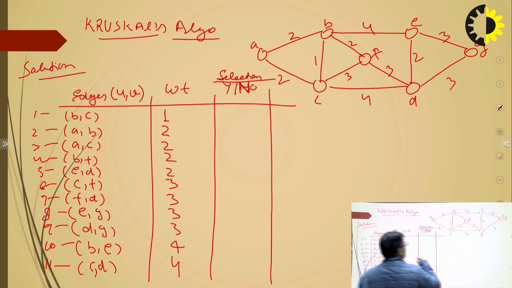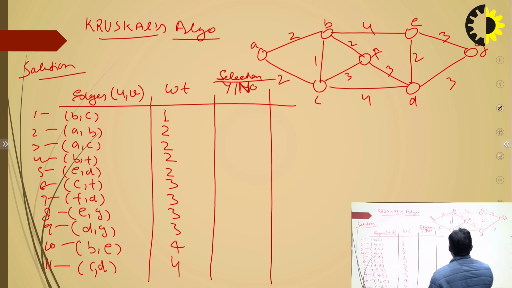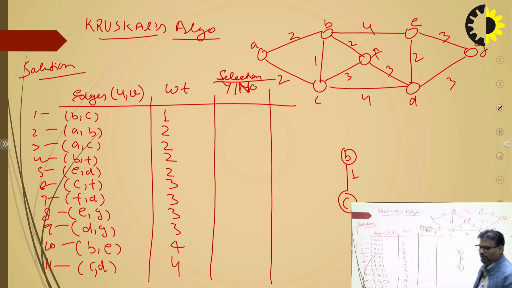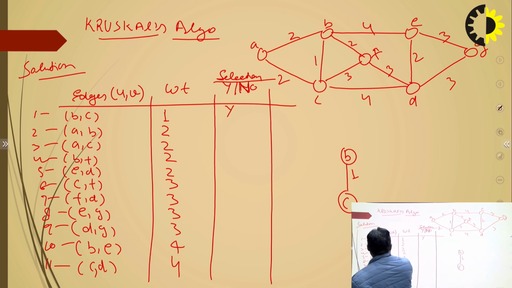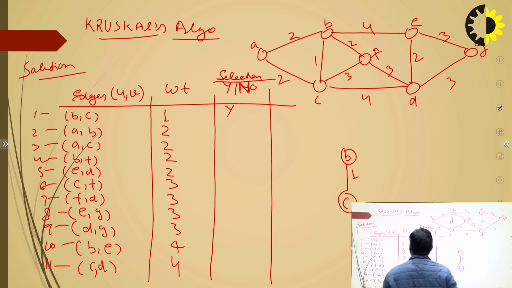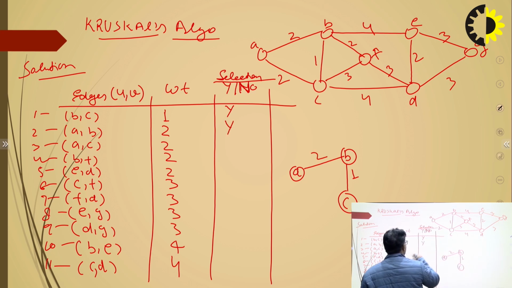B comma C has weight 1, so yes. Next, A comma B has value 2, so this is also selected.